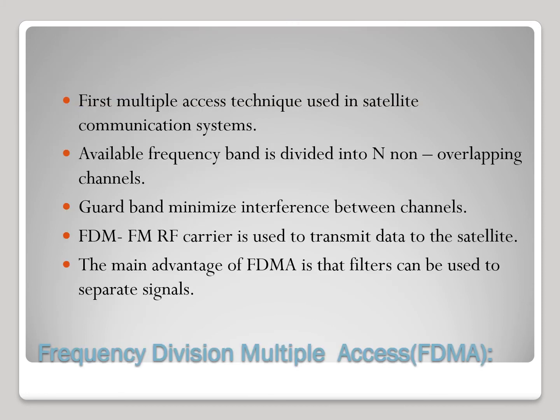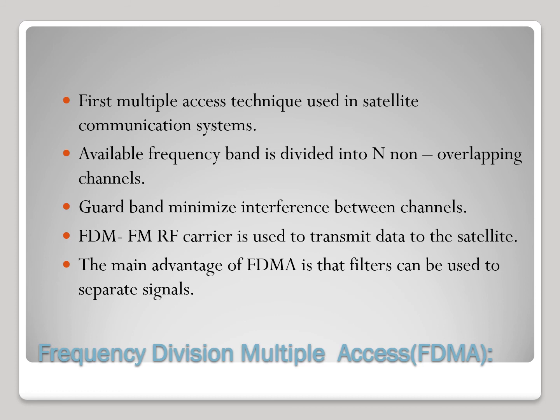So, the first multiple accessing technique used in satellite communication was frequency division multiple access. The available frequency band is divided into n non-overlapping channels. In order to separate these channels, guard bands are used. It will avoid interference between the channels.